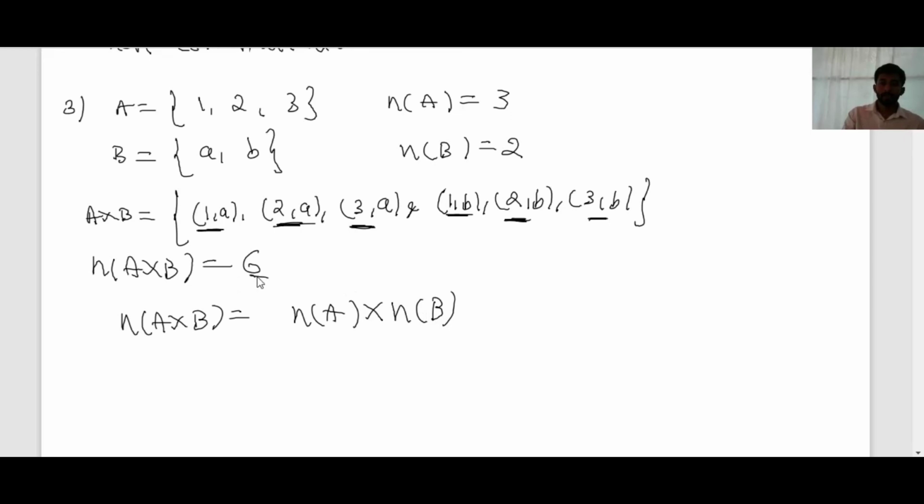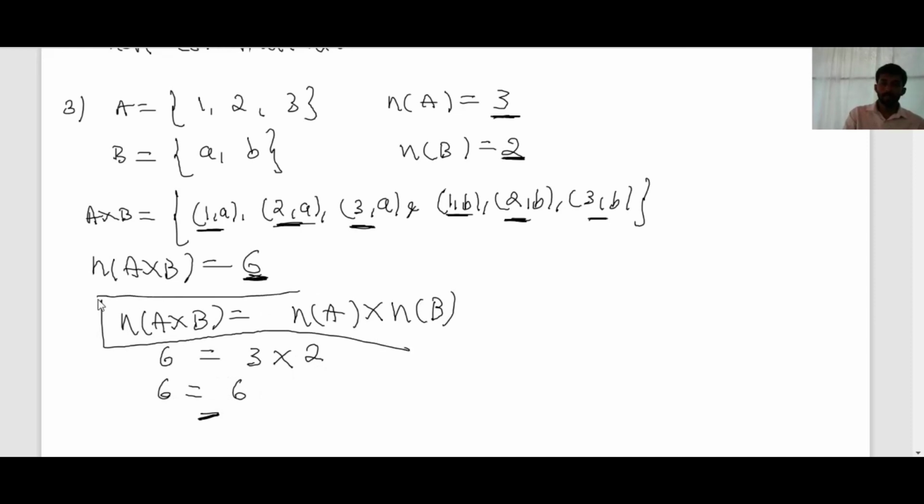What is n of A cross B? It is equal to 6, which equals n of A, that is 3, into n of B. Here see, n of B is equal to 2. 6 is equal to 3 into 2. Correct, right? Therefore, remember this result. n of A cross B is equal to n of A into n of B.